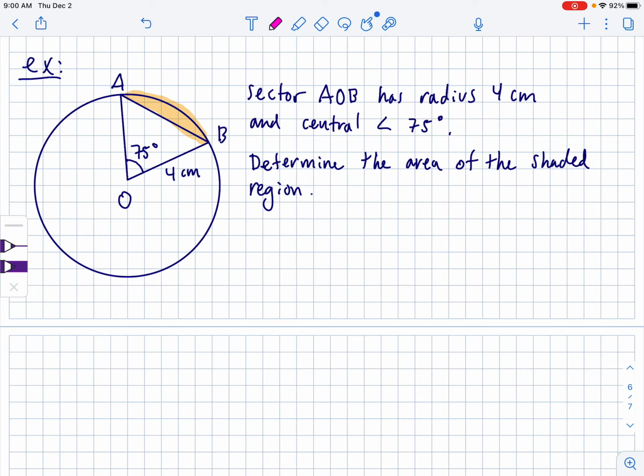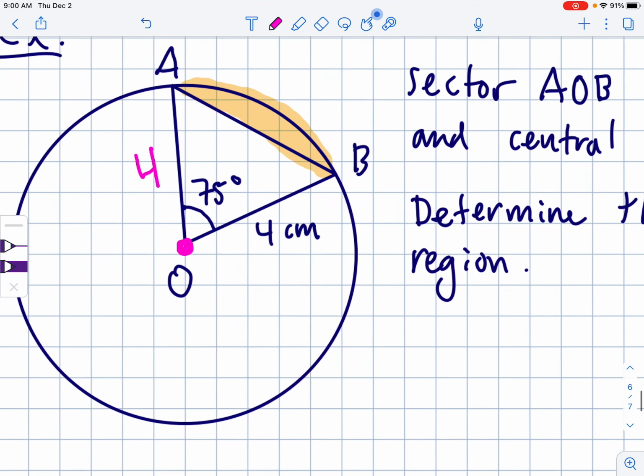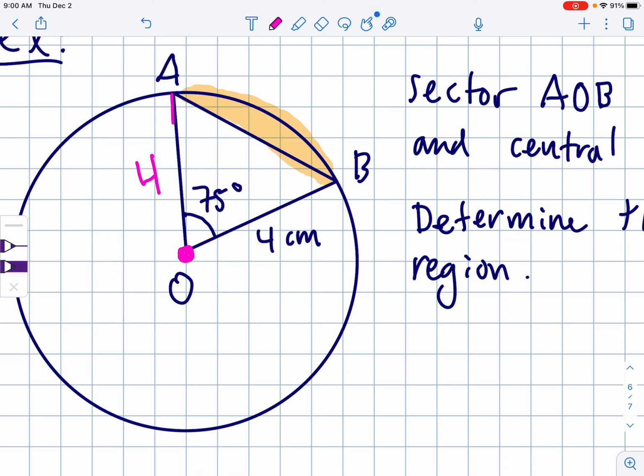Last one, we're going to find the area of that little shaded region. They tell us sector AOB has a radius of 4, so I'll go ahead and pop another 4 over here just to remind myself, because that's a central angle, which means this touches the center. Those are both radiuses. The angle between them is 75 degrees. Determine the area of the shaded region. Here's the game plan.